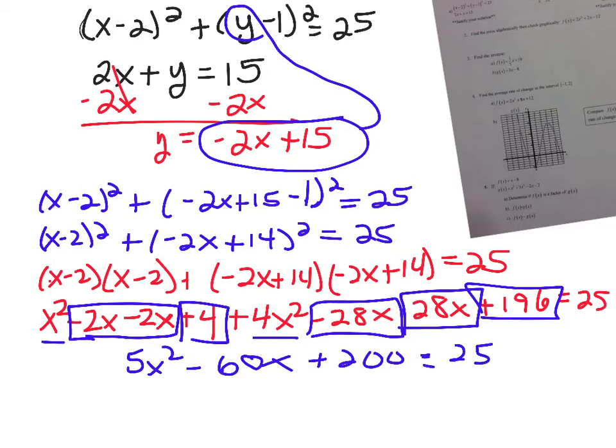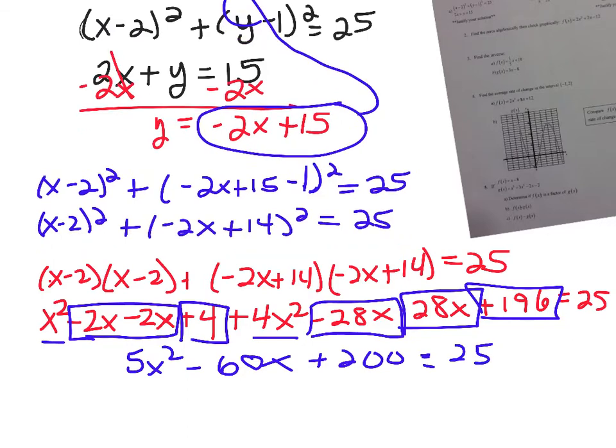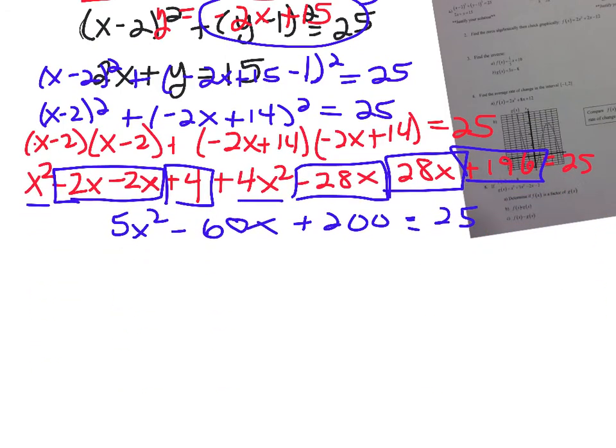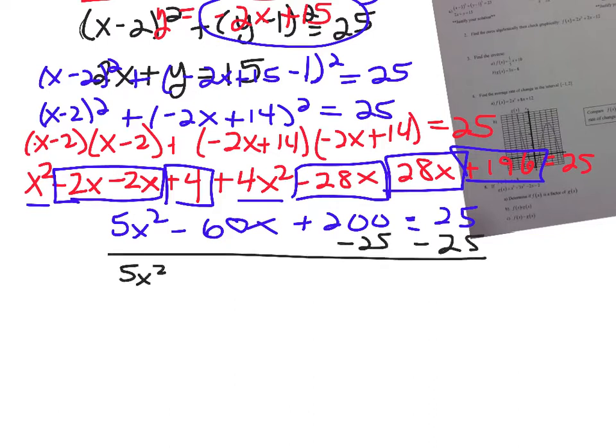All right, so it's a quadratic. I'm going to set it equal to 0. So I'm going to minus 25. So 5x squared minus 60x plus 175 is equal to 0.